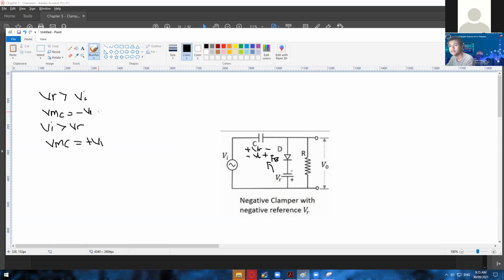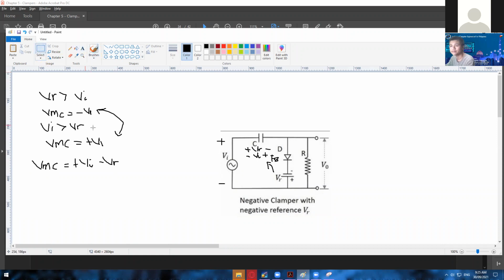As you can see, we have two different polarities. So VMC is equal to positive VI minus VR. Am I correct? Positive VI. Yeah. And then, oops, it feels like there is something wrong. My bad. This is the positive half cycle, right?